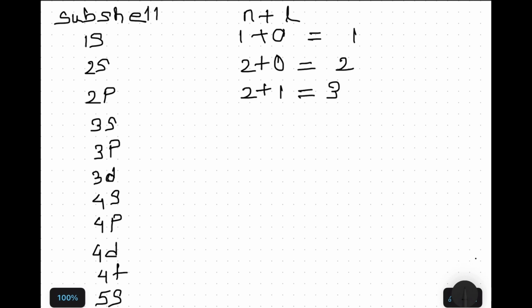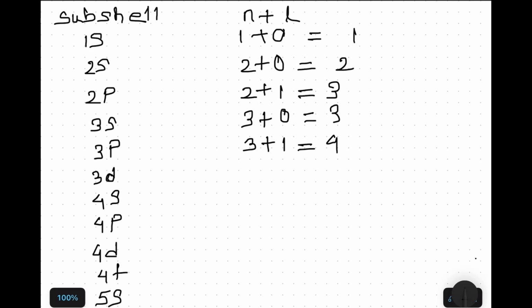For 3s it is 3 plus 0, that is 3. Now for 3p it's 3 plus 1, that is 4.